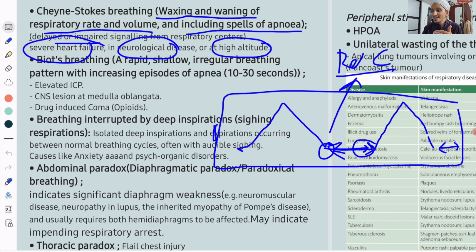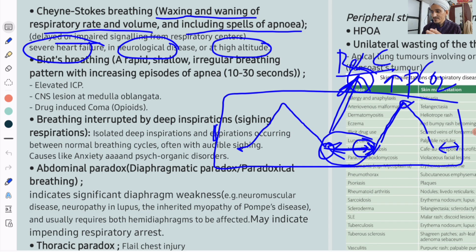Due to that lag in pumping of the blood, the patient will have this apneic period. When the blood reaches the respiratory center, it will receive very high PCO2 in the blood and detect it. So because of very high carbon dioxide, respiration will increase very fast and reach a peak.